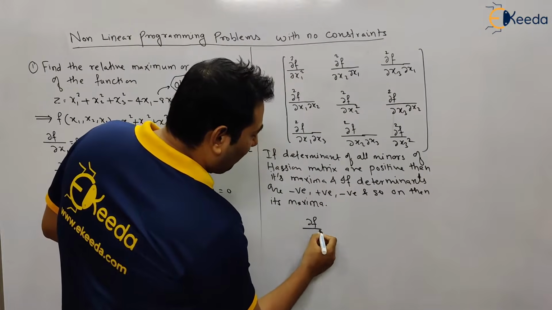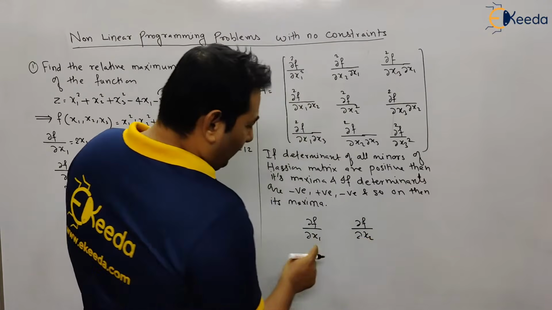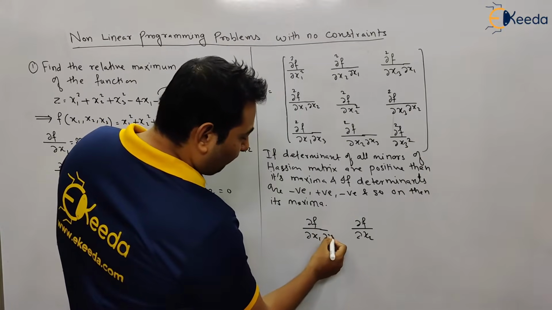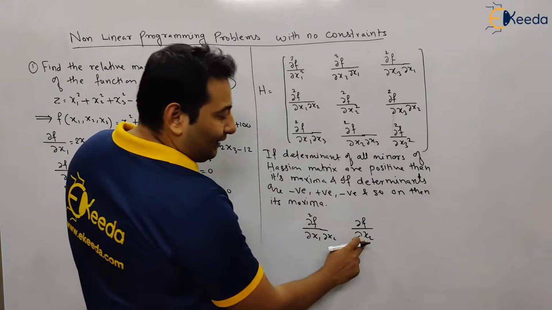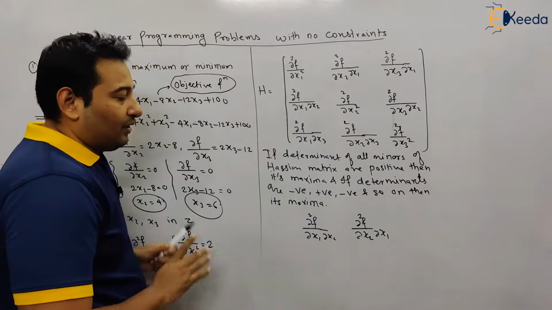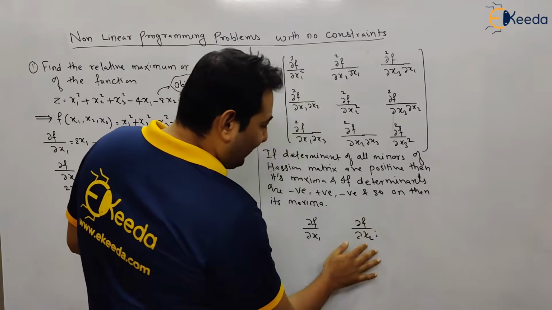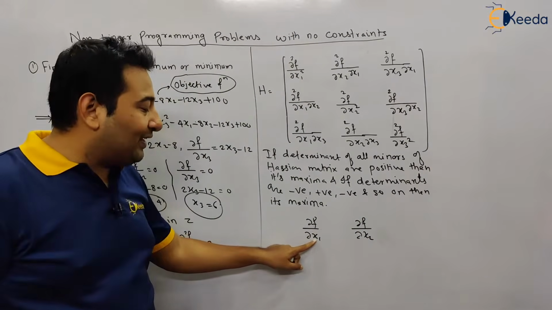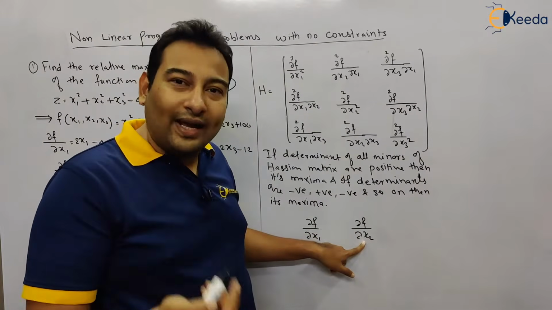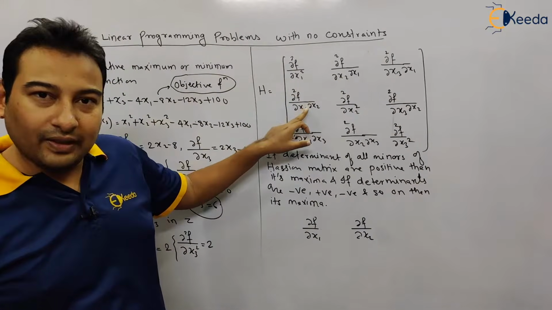We already have ∂f/∂x1 and we already have ∂f/∂x2. If you differentiate this term with respect to x2, or this term with respect to x1, it doesn't matter. It is one and the same thing. Either way, ultimately you will get this value. Both the values are the same.